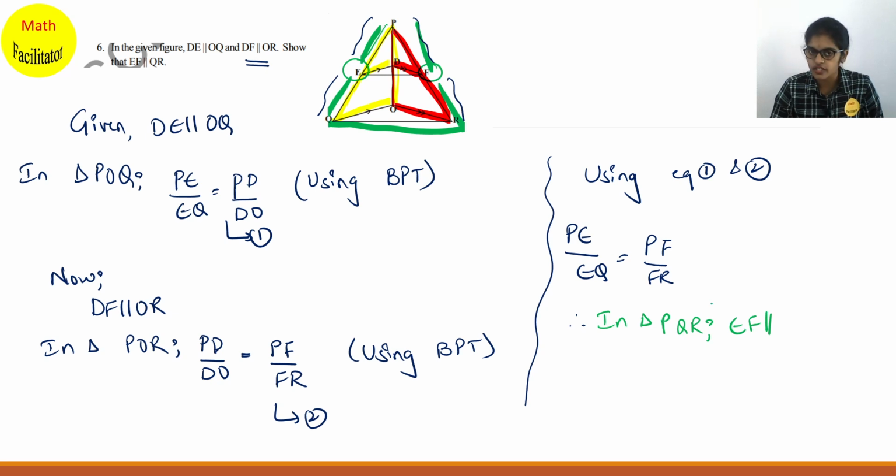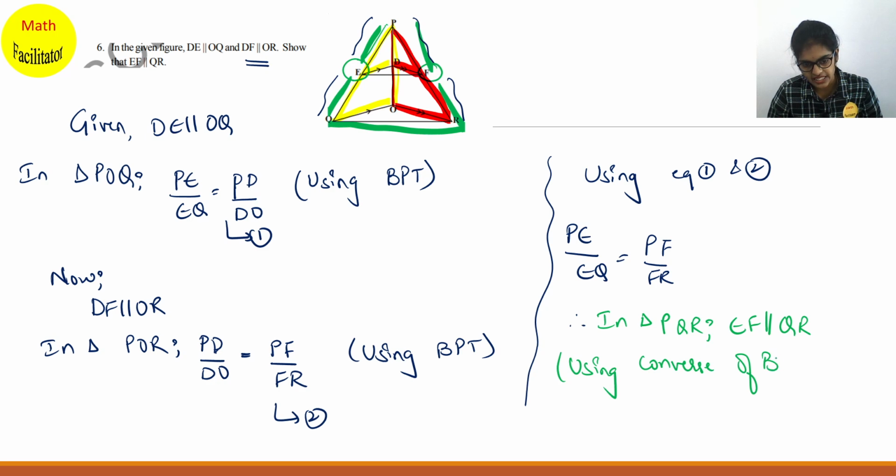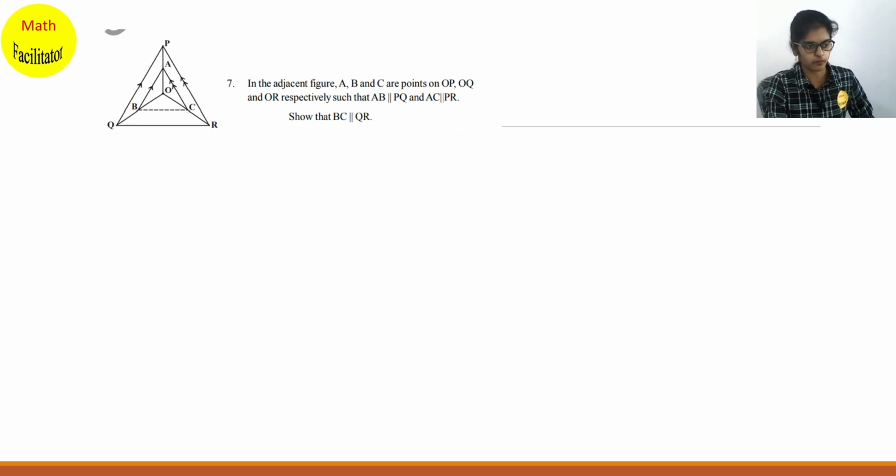So using converse of BPT, you can say EF is parallel to QR. How? Using converse of BPT. Did you get the point? Basically, firstly, we take DE is parallel to OQ. I told you which triangle you will take. Next, DF is parallel to OR, which triangle you will take. Now you got this relation. This relation is considered with the bigger triangle. So you take it and using converse of BPT, you will get the required proof.